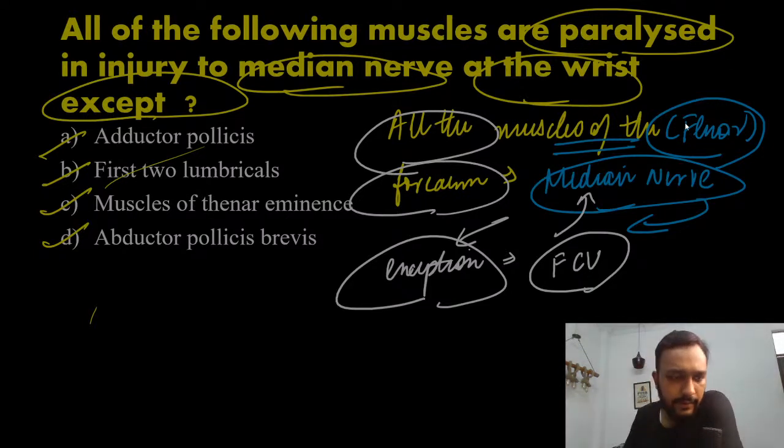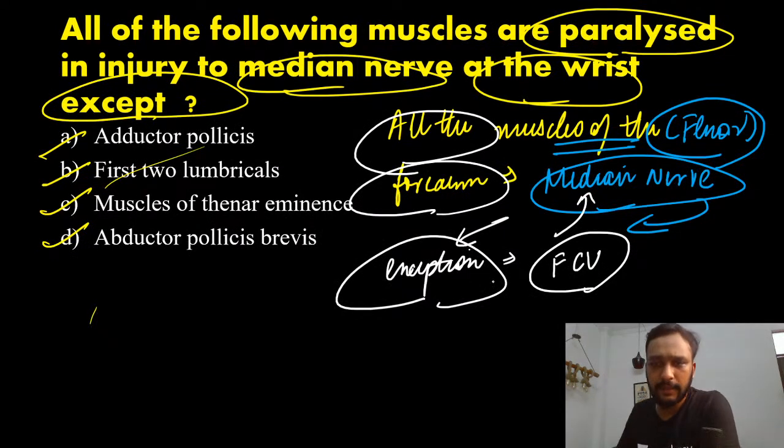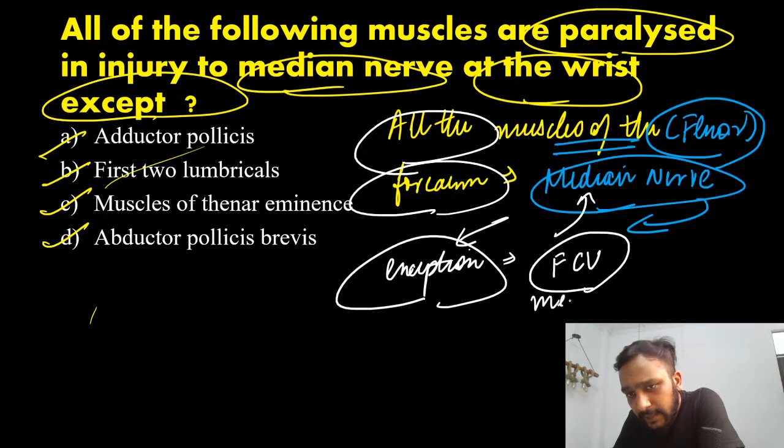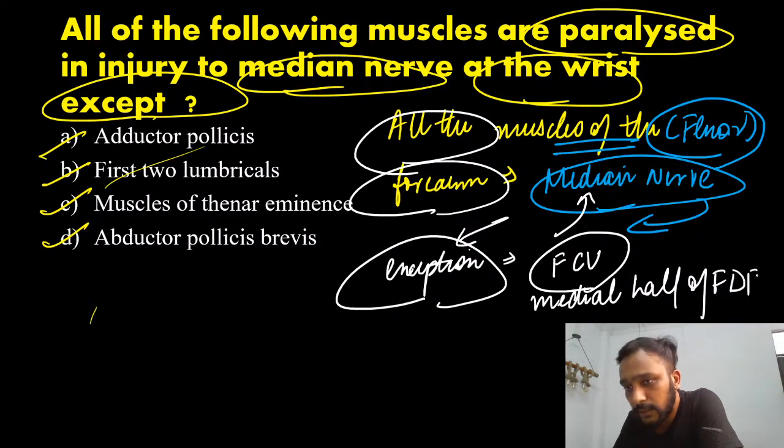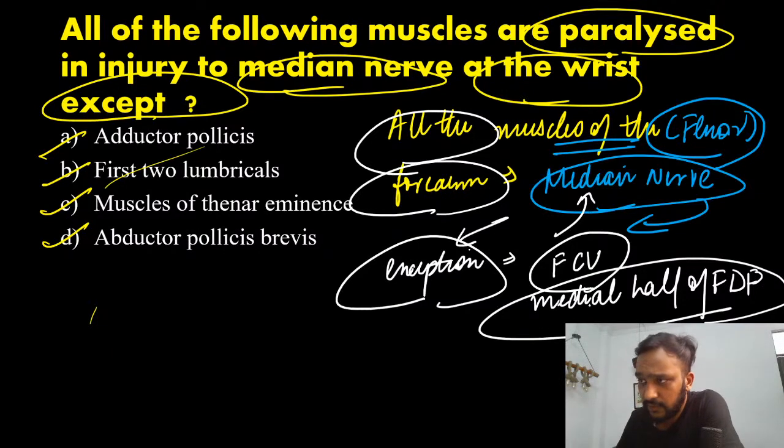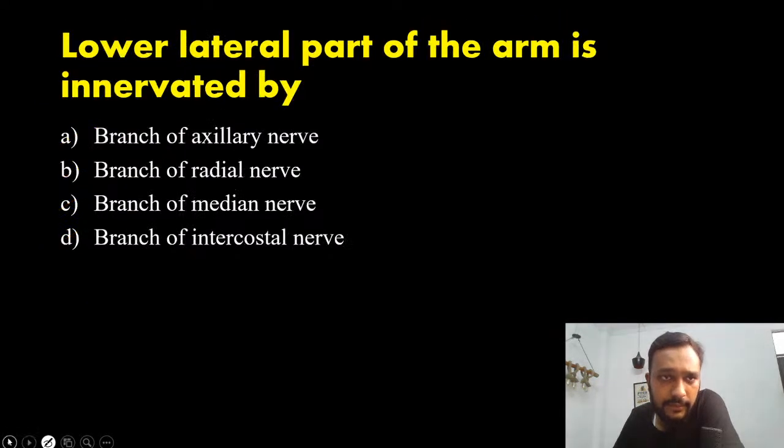The other muscle that is supplied by the ulnar nerve in the forearm is the medial half of the flexor digitorum profundus muscle. Right?